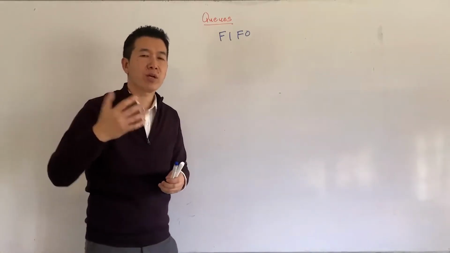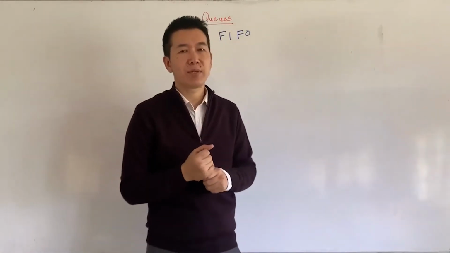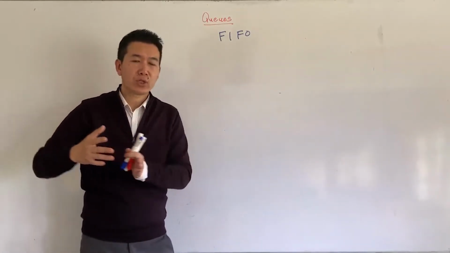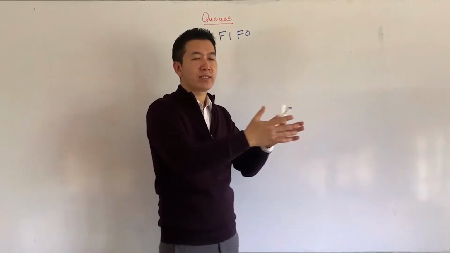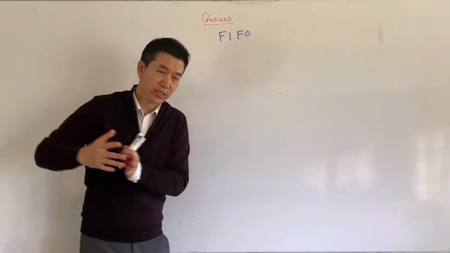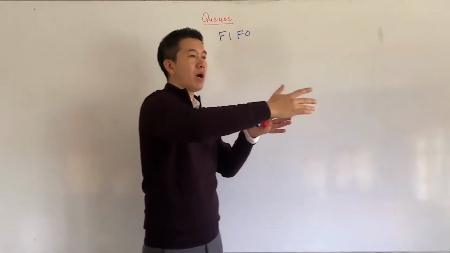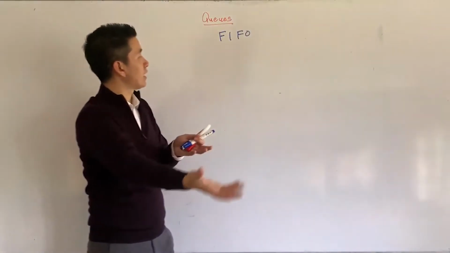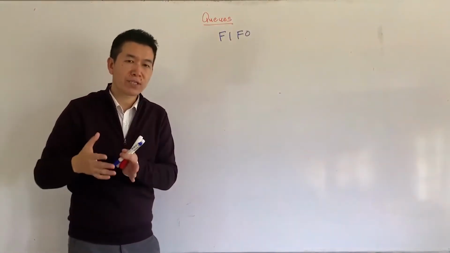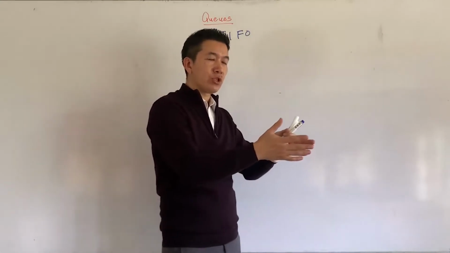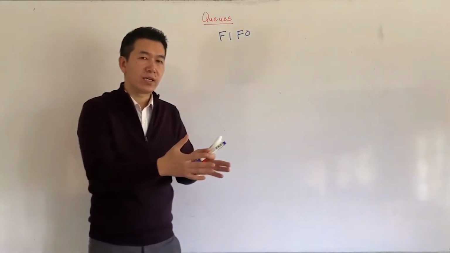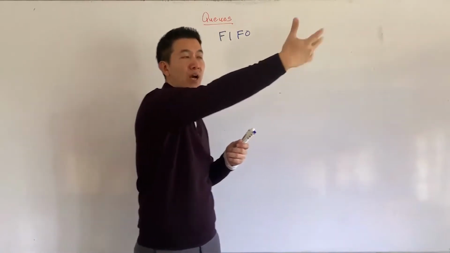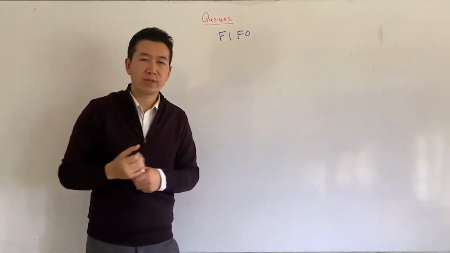If I give you another real-life example, you have single-lane vehicles entering a tunnel. The way they come out from the other end will be nothing but FIFO. The first vehicle that gets into the tunnel on a single lane will be the first one out at the other end of the tunnel.